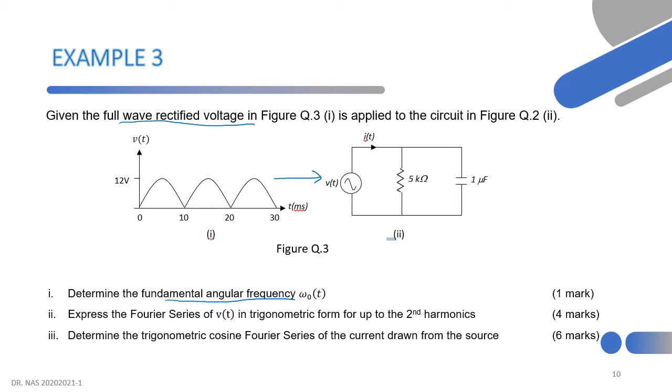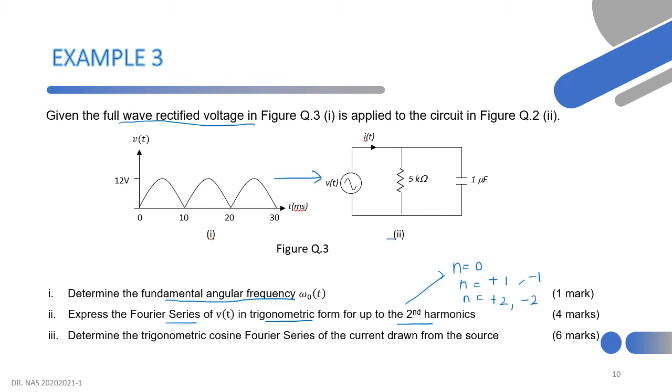Secondly, you need to express the Fourier series in the trigonometric form for up to second harmonic. Up to second harmonic meaning that you need to consider n equal to 0, n equal to positive 1, and n equal to negative 1. Same goes to n equal to positive 2 and also n equal to negative 2.